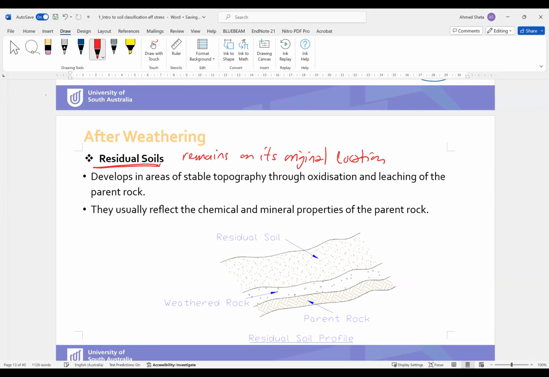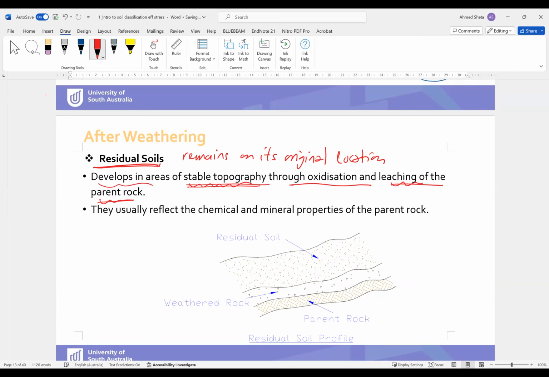This soil is developed in areas of stable topography through oxidation and leaching of the parent rock. So this happened in stable topography, and due to oxidation and leaching of the rock, we have the residual soil.